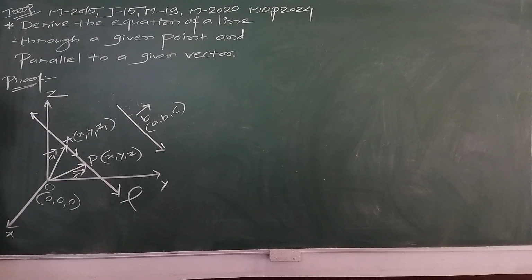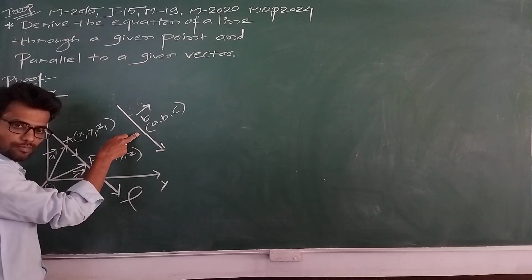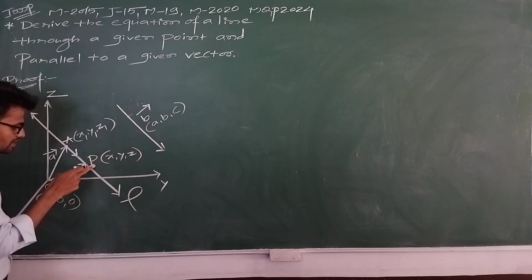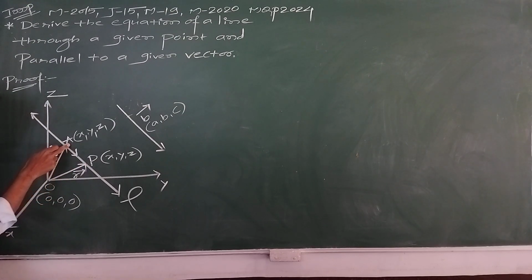So this is a diagram according to the given question. I repeat once again: A is the point in 3D space. L is the line passing through the given point A, which is parallel to the given vector B. P is any point on the line L, and its position with respect to origin is represented by R vector. The position of the point A with respect to origin is represented by A vector.